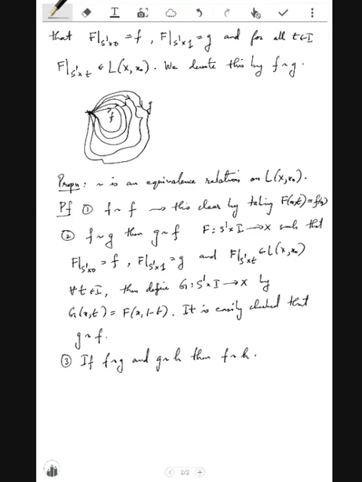So in terms of a diagram, we may represent a homotopy as, so let's say we have a homotopy F, this is between f and g, it's x naught at both ends.